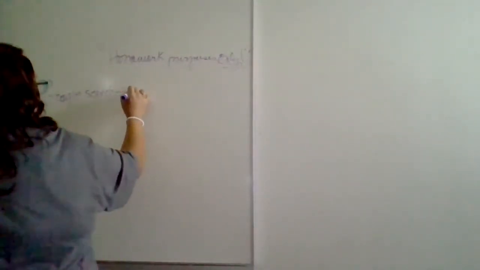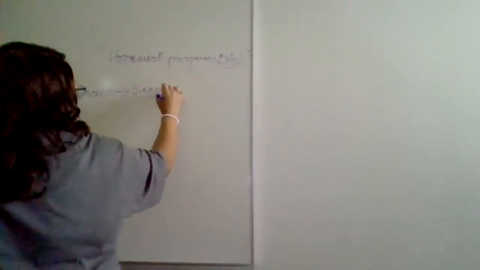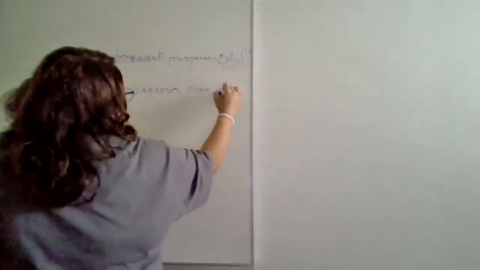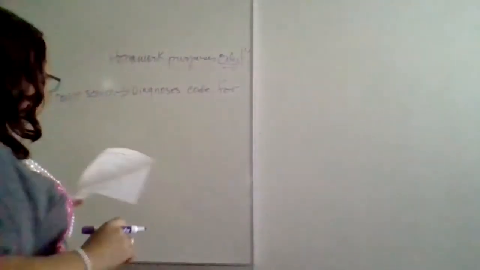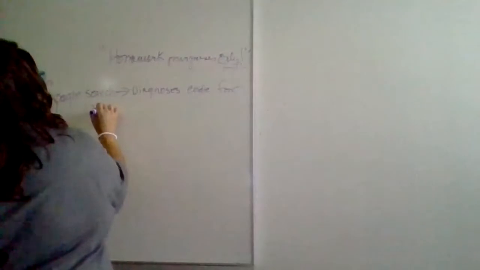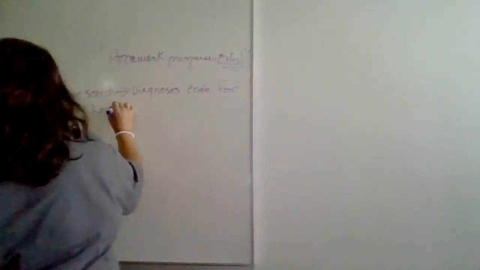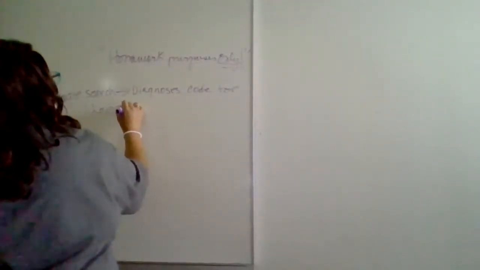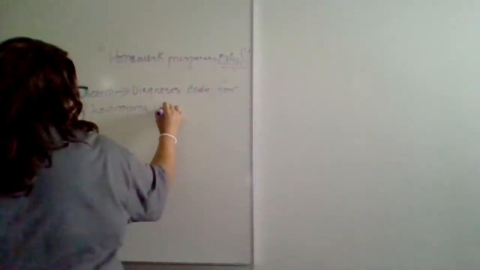I want you to search diagnosis code for number 1, leiomyoma, uterus.